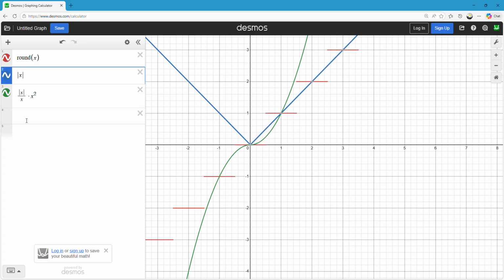And if you ever took the antiderivative of the absolute value of x, give me a second, I haven't done this in a while. Come on.